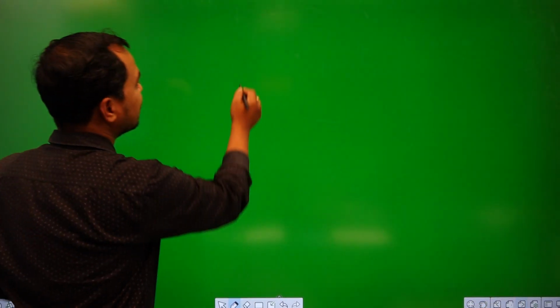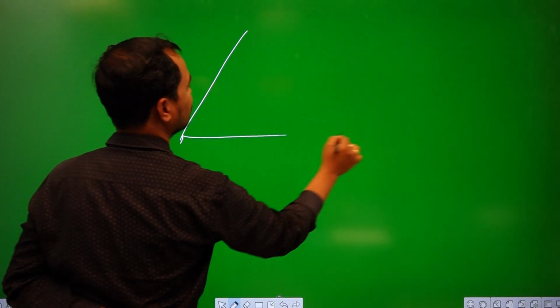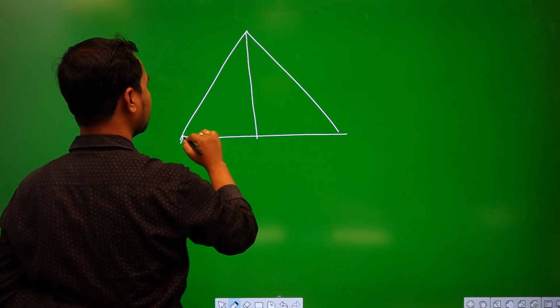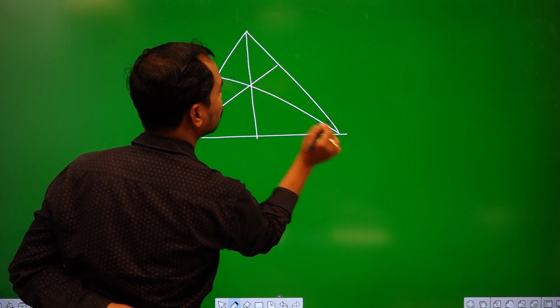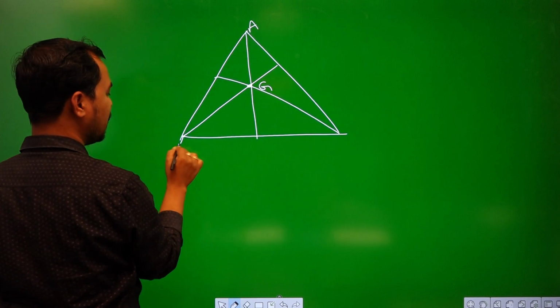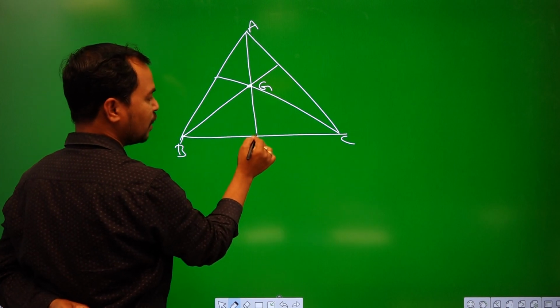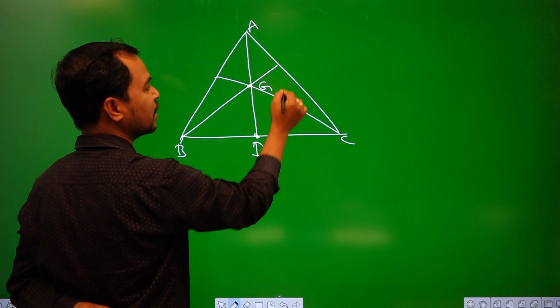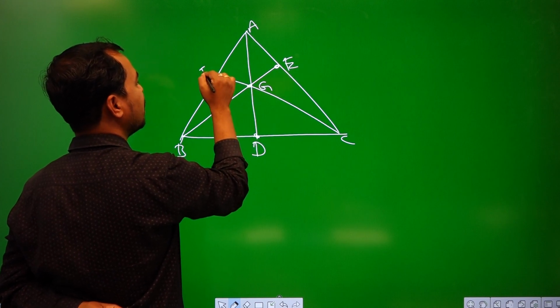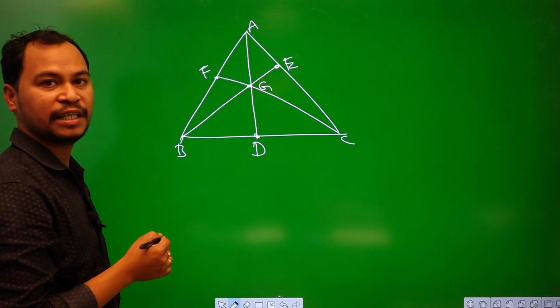Next, for example, here I am taking this G, this is vertex A, B, C. And obviously, these are the midpoints D, E, F. What is the formula for G here?